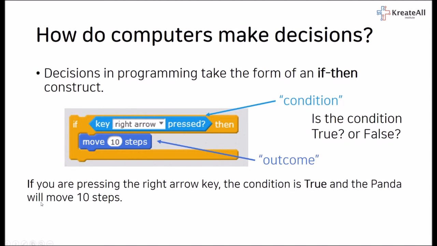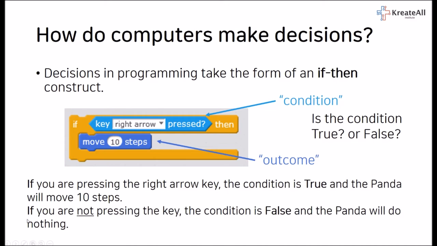The second situation is if you are not pressing the key, the condition is false, so the panda would not do anything. So this block right here gets played only when this condition is true, meaning in this specific example that you just pressed the right arrow key.